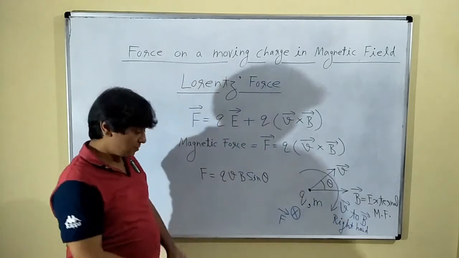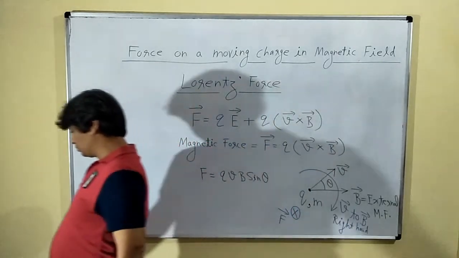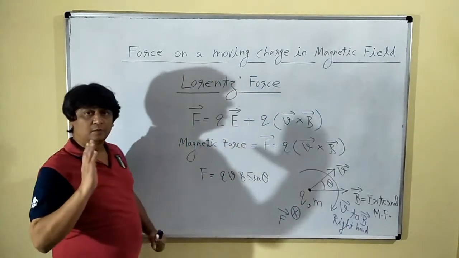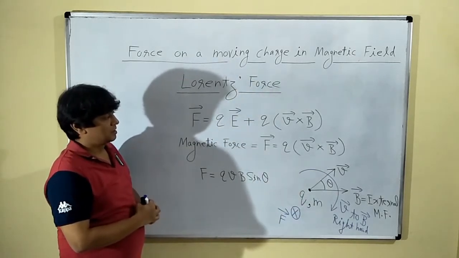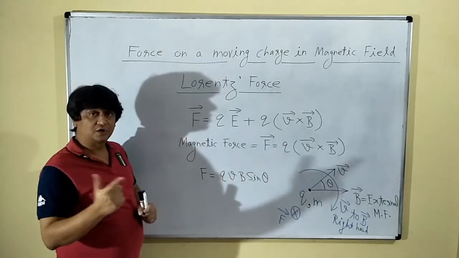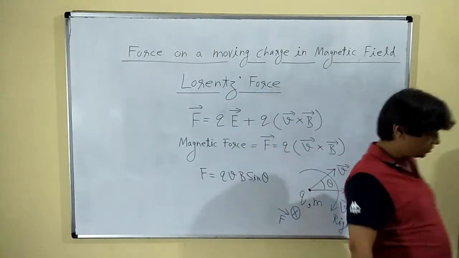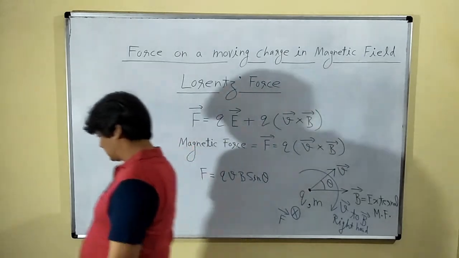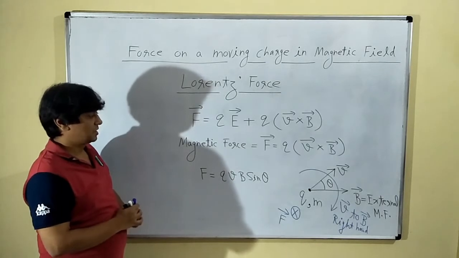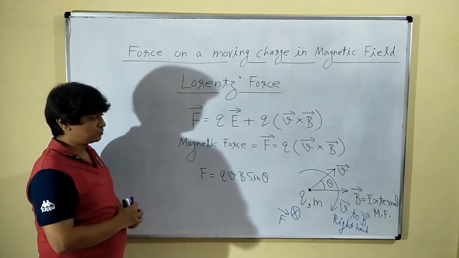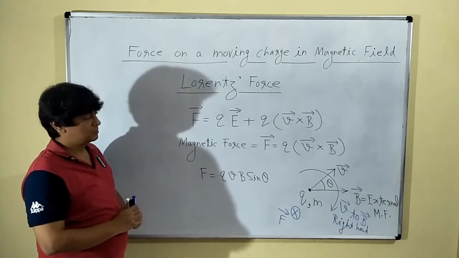Write this down: provided charge Q is positive. But if charge Q is negative, then the direction of force is just opposite to the direction where the thumb points.